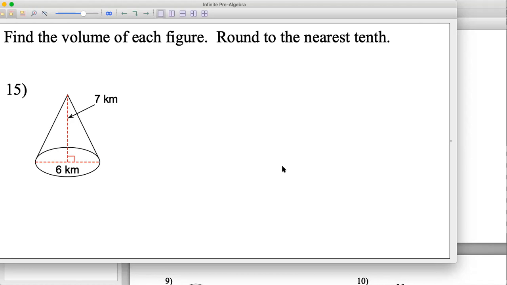Okay, what numbers did you write? What numbers did you plug in? Half of this, the height. Okay, well, do it. Grab a calculator, do it.